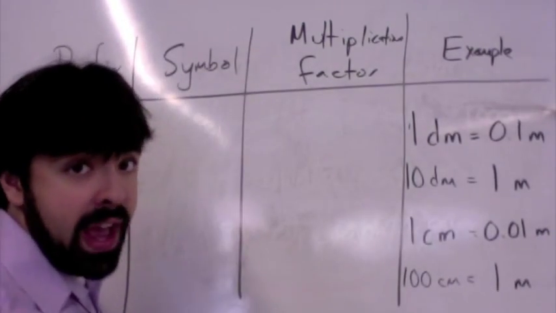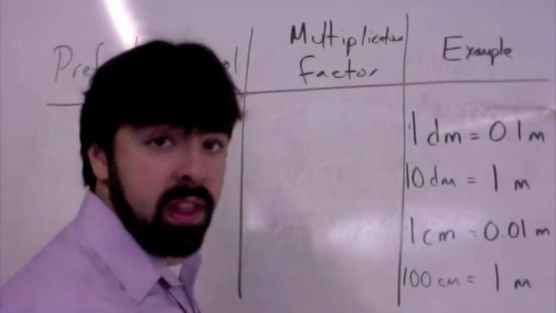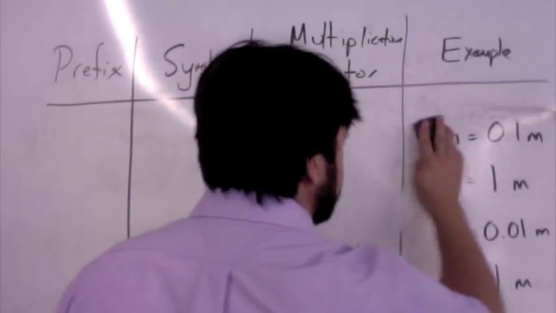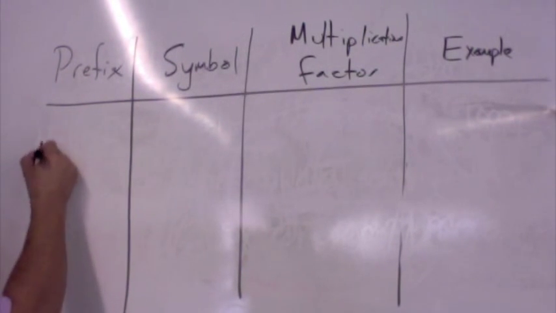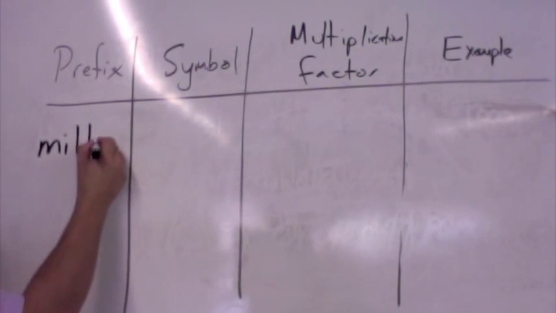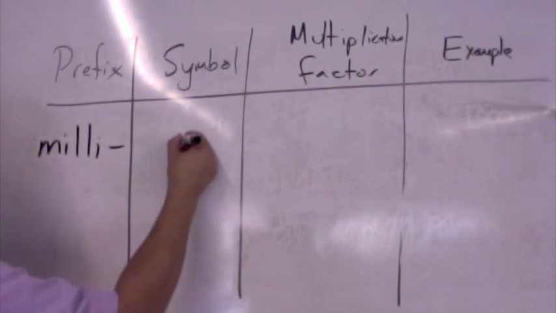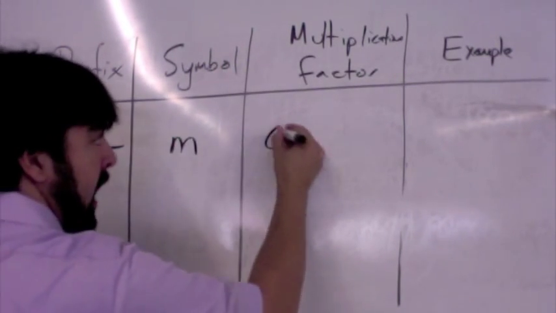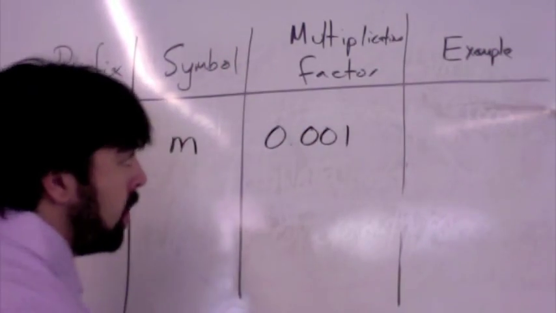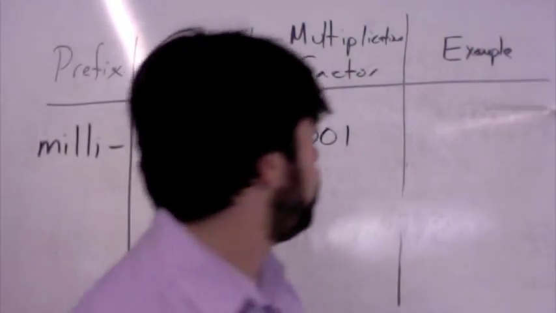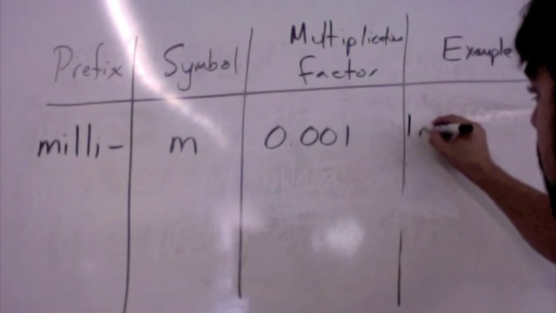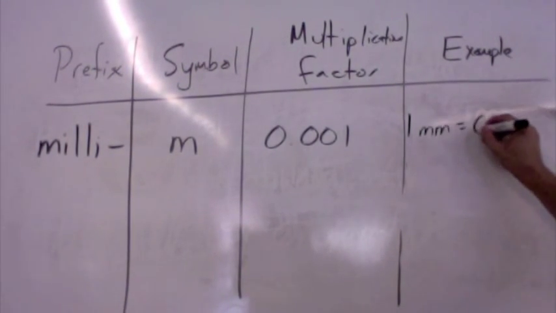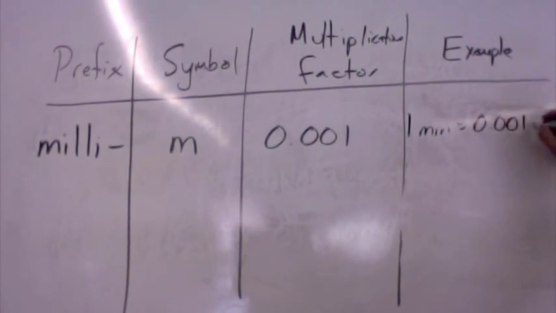remember, if I'm going too fast, pause, write down the notes, and then listen to me. Milli. Symbol, M, multiplication factor, 0.001. An example, 1 millimeter is 1/1000th of a meter.